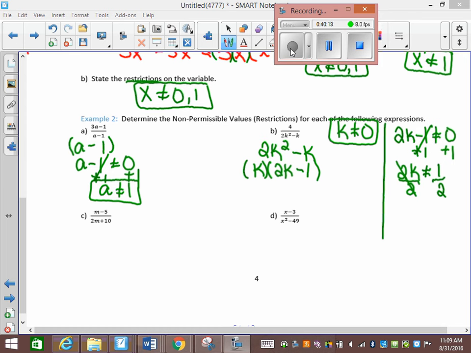Happens a lot. So if you just use division by 2 like this, it causes that error to go away. So I always divide by 2, cancel it, divide by 2, and k can't equal a half. And then I always put them together. So I say here, k cannot equal 0 or a half.